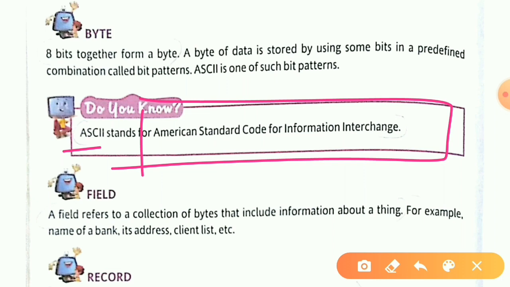Now students, you are not supposed to write these full forms in your notebook, but instead please take a pencil and mark these things in your book itself, so that when you open your book for reading, you get the knowledge of these things. These are very important for your knowledge as well as for your exams.